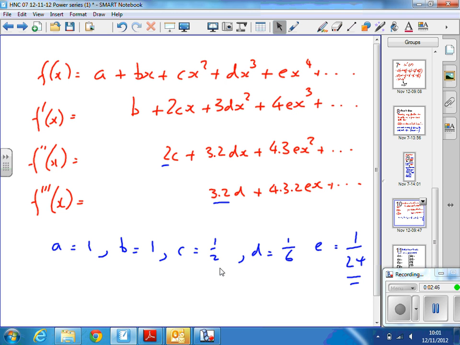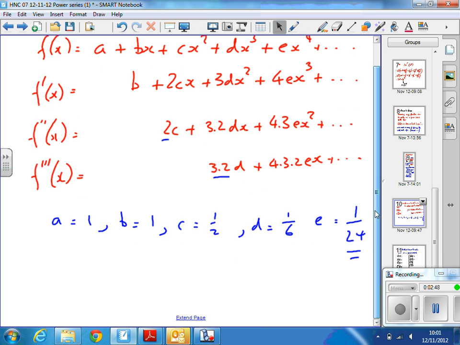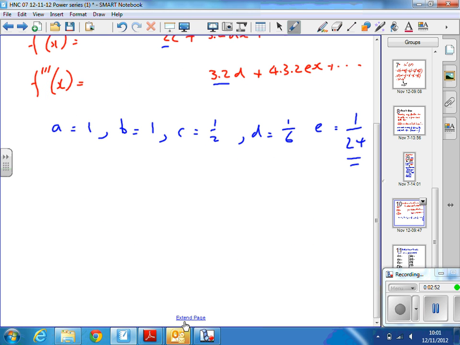So now if we go back to the original, we can actually write down the general term. Therefore, generally, e to the x, which is our function we're thinking about, can be written as a, which is 1, plus b lots of x, which is just x, plus x squared times a half, or 1 over 2 factorial, because 2 times 1 is just 2 anyway.